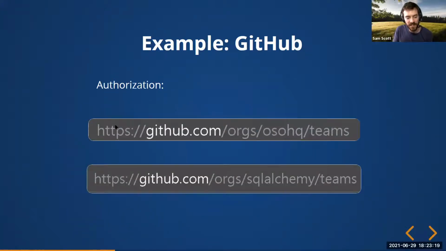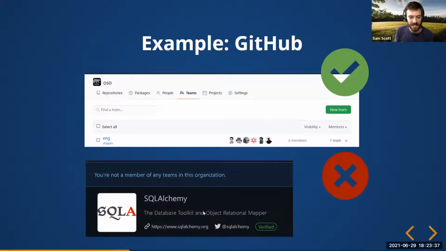Sometimes it's not easy to see this so visibly in something like GitHub. But you can try to visit these 2 different URLs. One is the Teams page for the Oso HQ organization, and one is the Teams page for the SQLAlchemy organization. I get 2 different views depending on which one I visit. In the first case, for Oso, it's happy to show me all the teams at Oso.